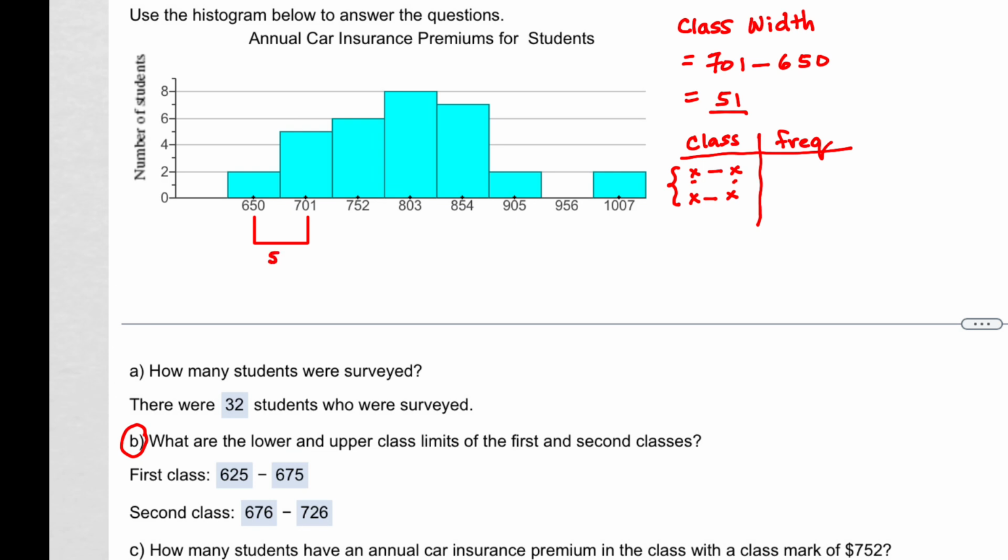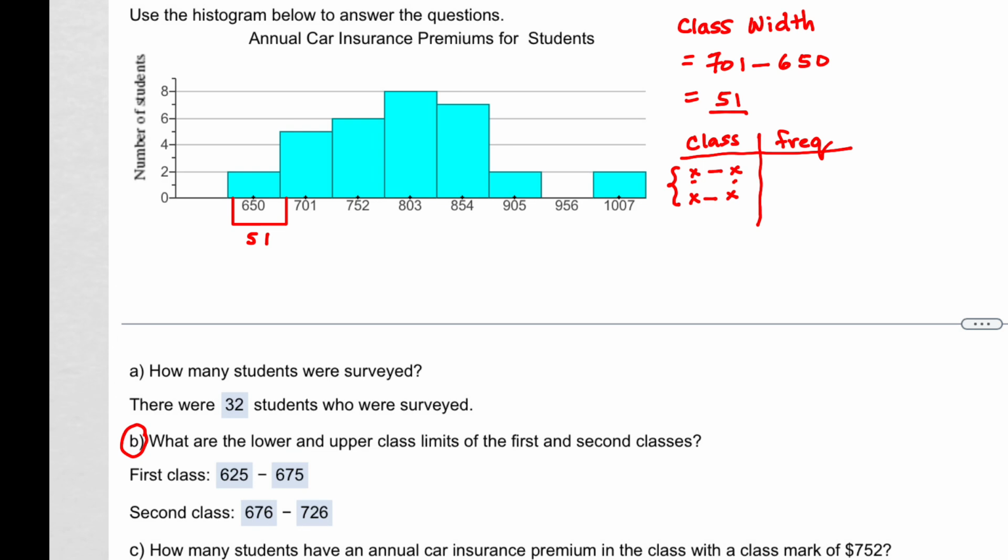So this is 51. And I'm kind of shifting this over. So I'm not going all the way to the edge because this is the difference between class boundaries, 51, but we really want the difference from the first class's lower class limit to the second class's lower class limit.